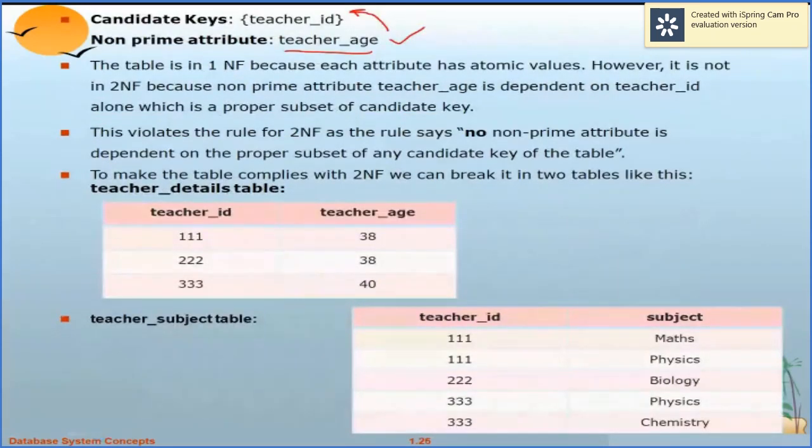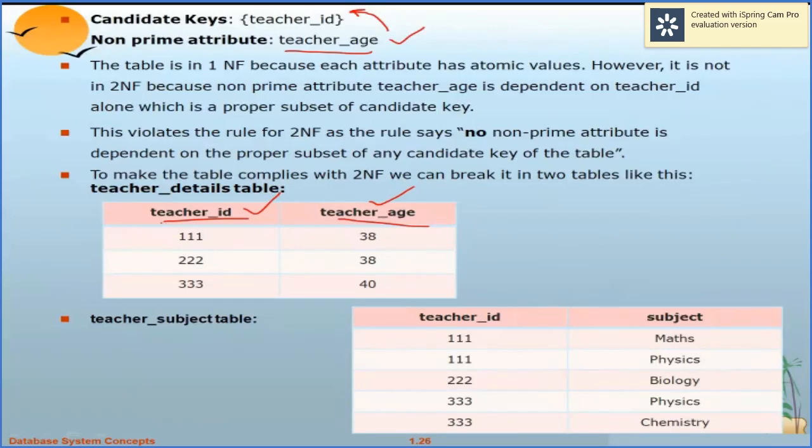To overcome this, you just split the major table into two different tables: teacher ID with teacher age, and one more table, teacher ID with the subject.